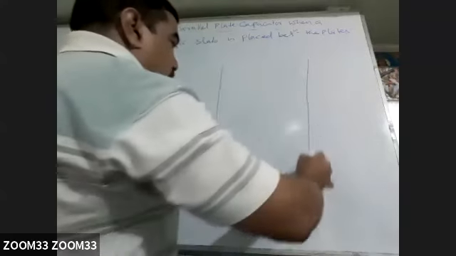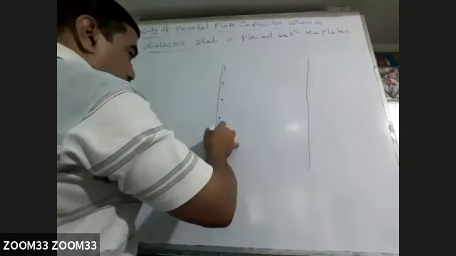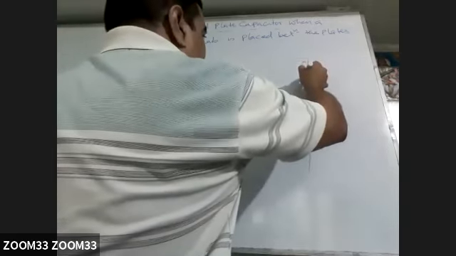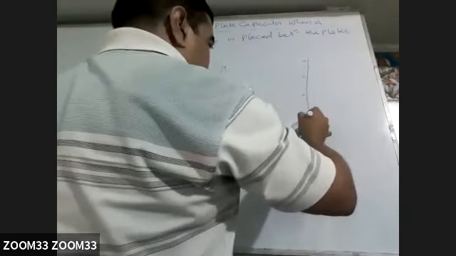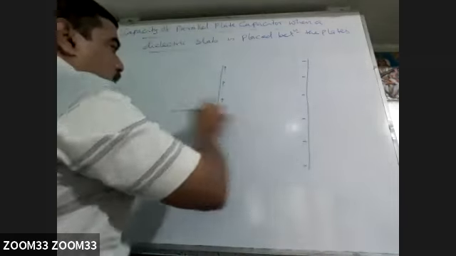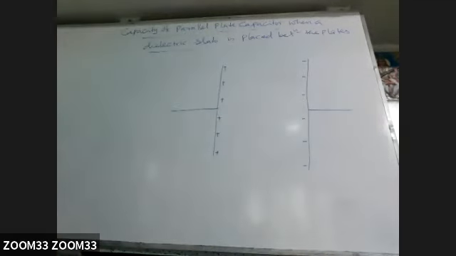So suppose this is a parallel plate capacitor. This is connected to the positive terminal of the source, and this is connected to the negative terminal of the source.